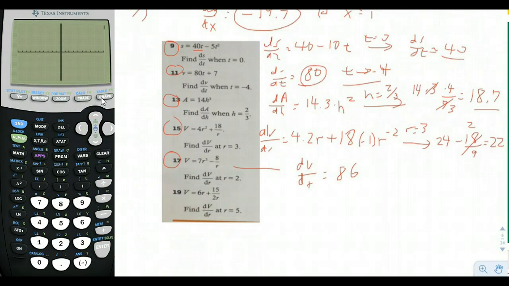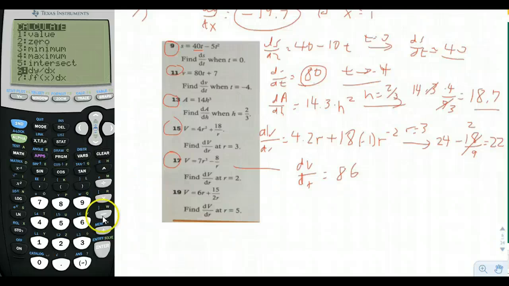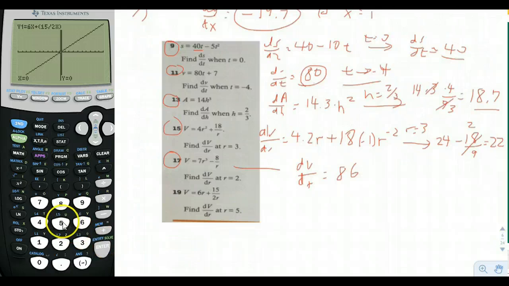And then we'll find the derivative at r equals. And I needed to do a zoom fit on that. And then to find the derivative, we do second calc, dy dx. And I want to know at r equals 5, so I do 5, enter. And it tells me that dy dx is 13.5.